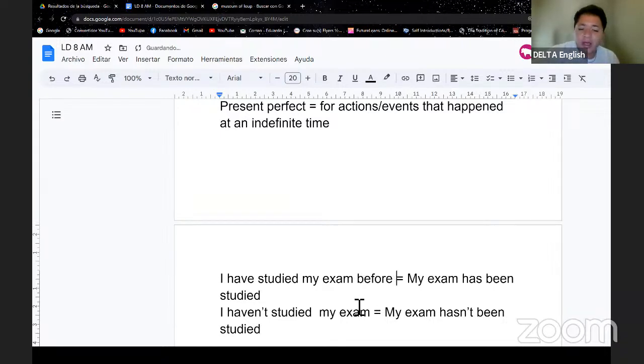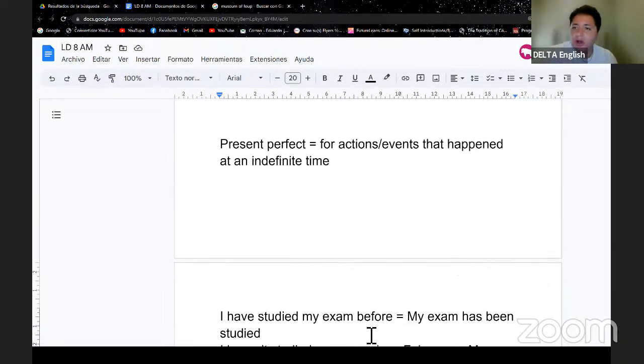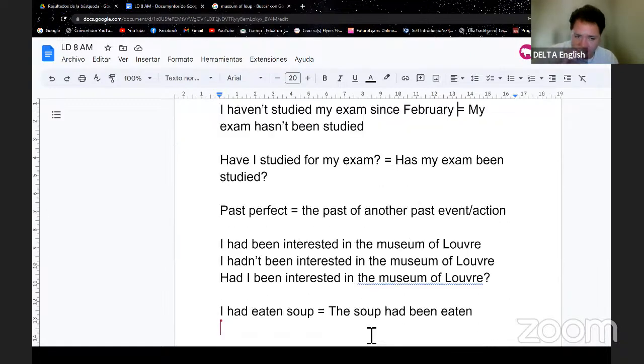Or I haven't studied my exam since July, or since February. So you use since, before. Remember that we have also some words just to use the present perfect.